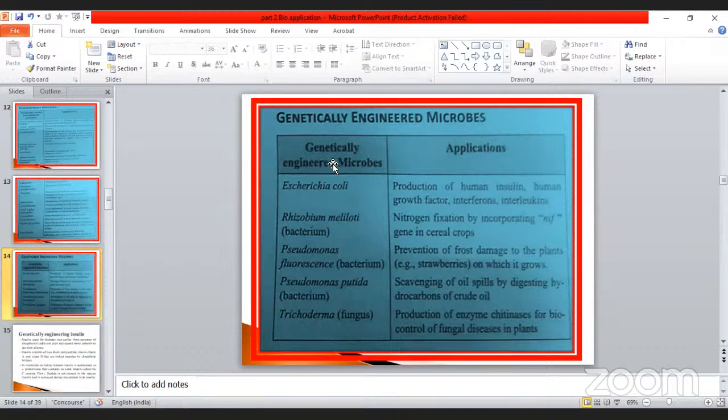So here you must note it down. Three things are very, very important. First are E. coli, Rhizobium, Pseudomonas putida. The last one is Trichoderma. Trichoderma is one of the fungi. It induces skin diseases. Suppose you are wearing a wet cloth, inner wear, moist cloth.